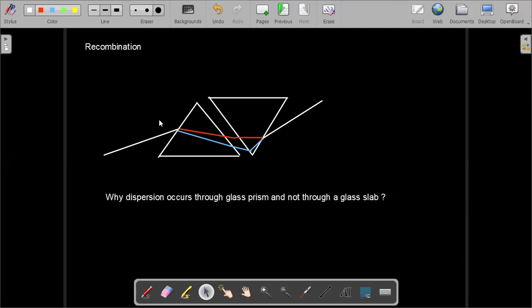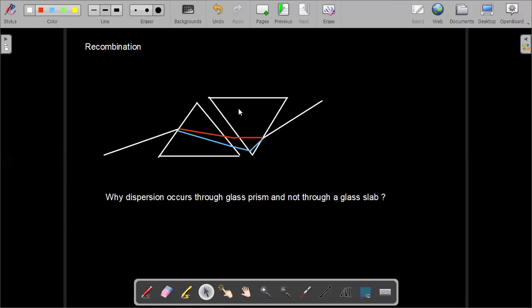Also, is it possible for us to combine all the colors of light and obtain a white light? Yes, sir. So today we have completed the phenomena of dispersion of light.